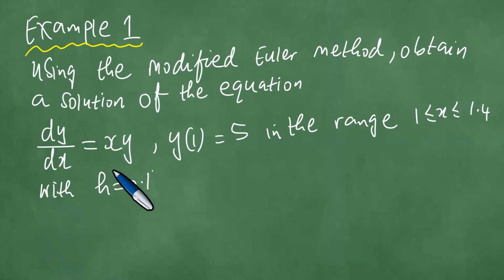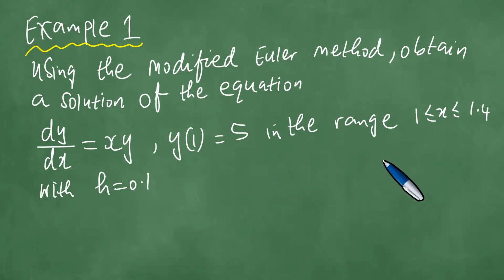Right, let's look at the solution. If you're saying dy/dx equals xy in the range 1 to 1.4, y at 1 equals 5, h is only 0.1, how do we find the answer in the range?